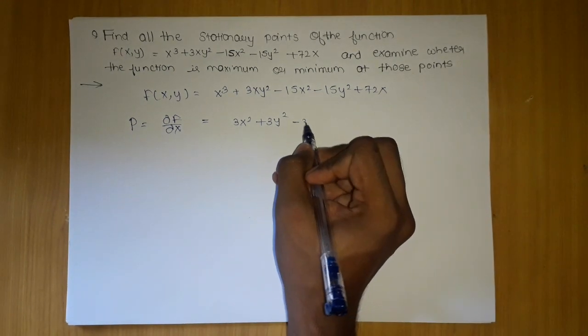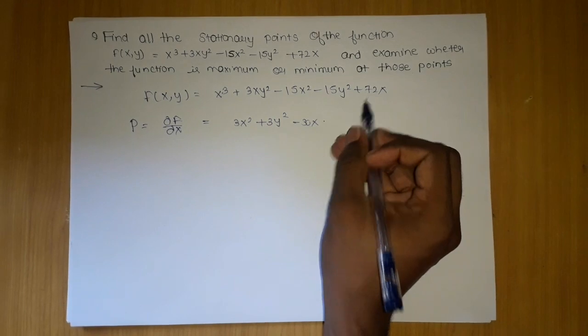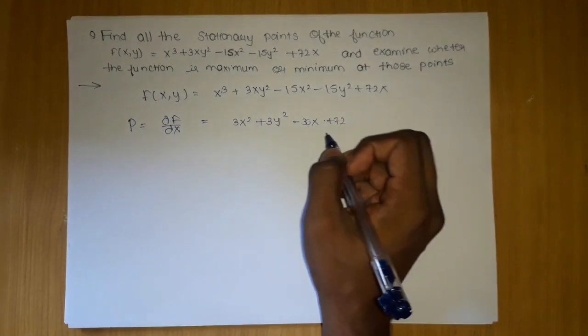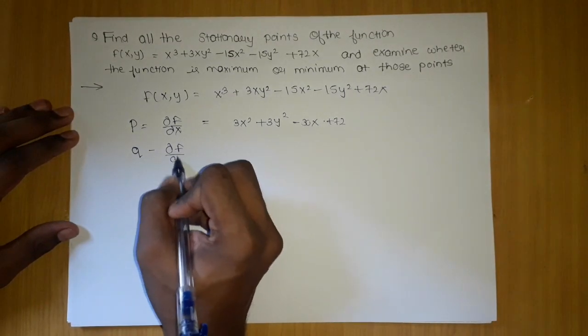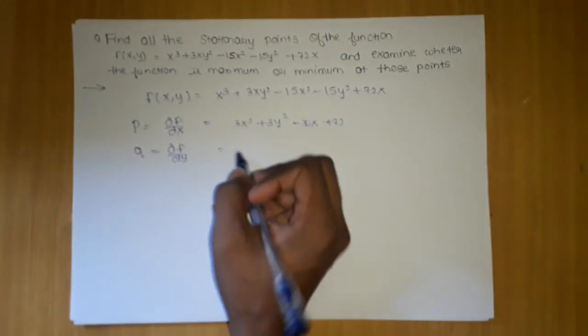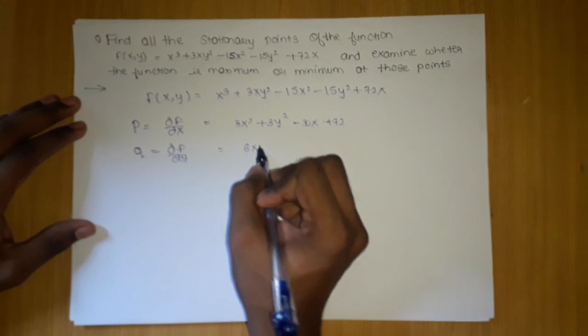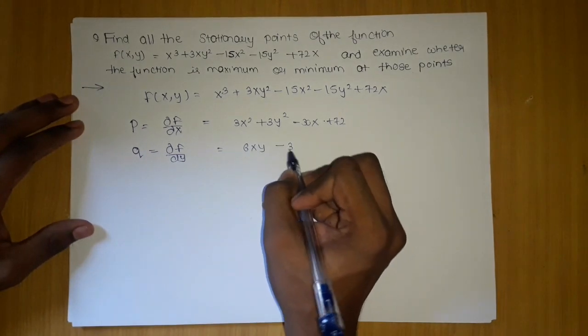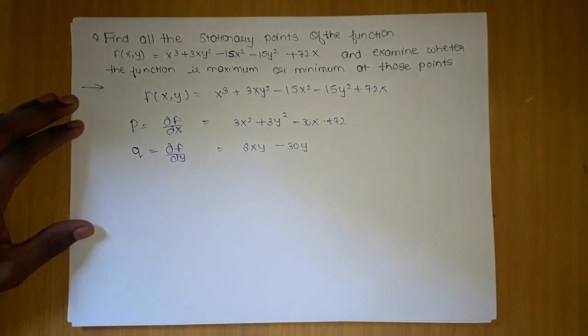And here you will get minus 30x, and here plus 72. Now if we go for the Q, which was dou f by dou y, it is nothing but 6xy minus 30y, and the rest will be 0.